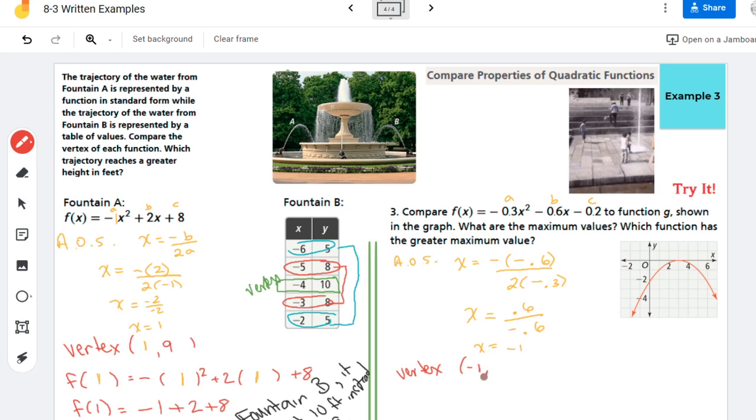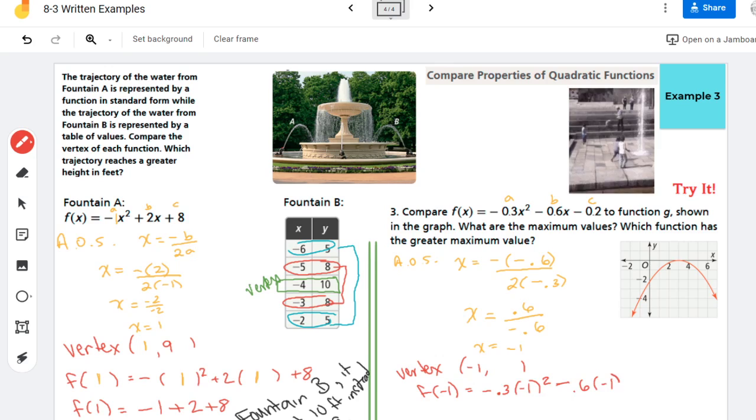Alright, so now I'm going to do my vertex. I'm going to take that -1 that I got for x and solve for y. So I'm doing f of -1. Now this takes me a minute because there are a lot of decimals here. Alrighty, so -1 squared is a +1.